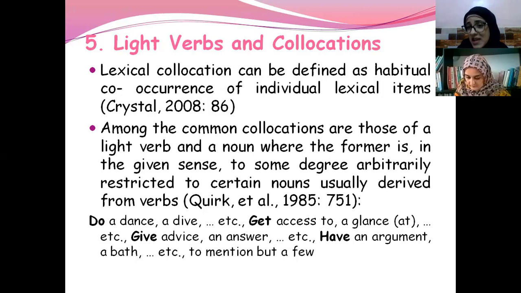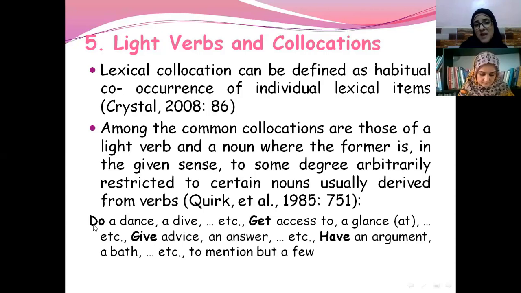Among the common lexical collocations are those of a light verb and a noun, where the former is in the given sense to some degree arbitrarily restricted to certain nouns, usually derived from verbs. That is to say, there is no rule that governs the relationship or the kind of collocation between the verb and its noun. It is done to a certain extent arbitrarily.